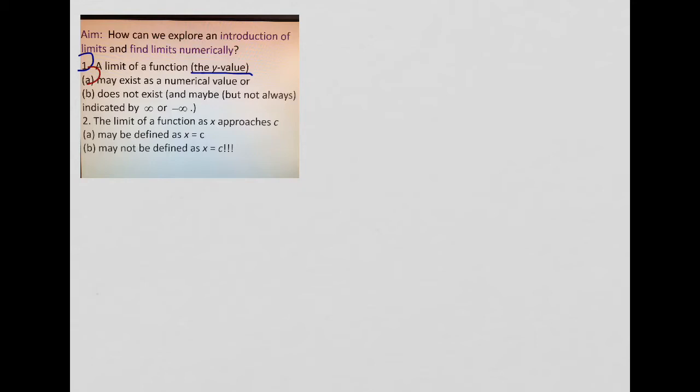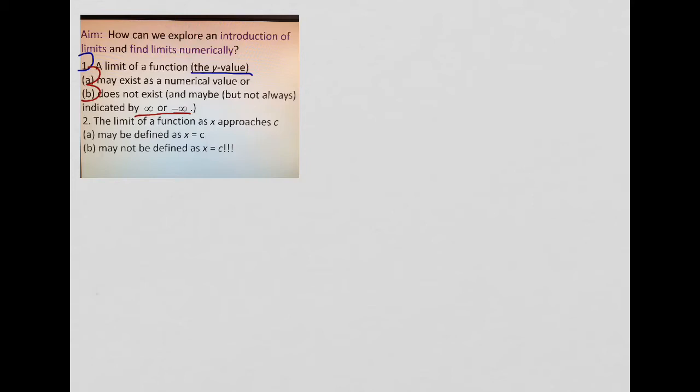Or B, it does not exist. And when it doesn't exist, maybe we write down an answer that it's positive infinity or negative infinity, but not always. It depends on what's actually going on with the graph.